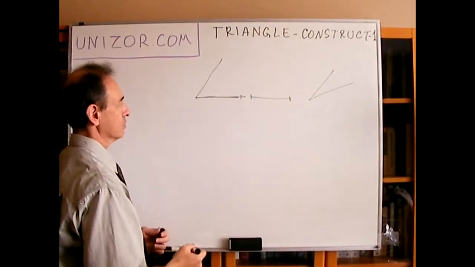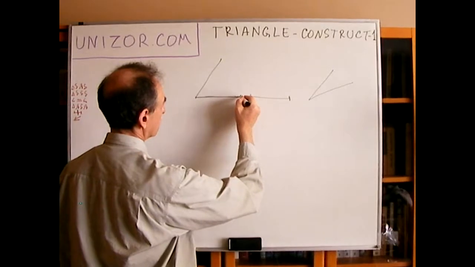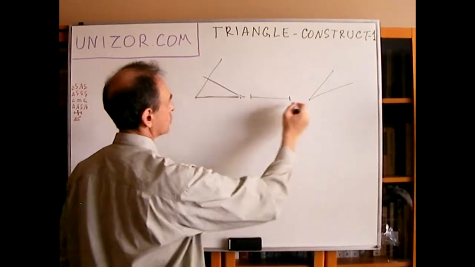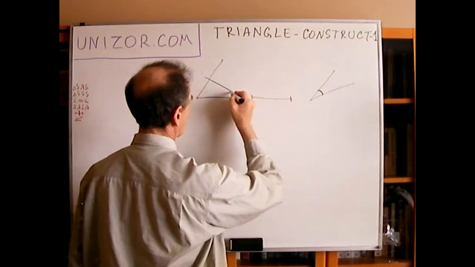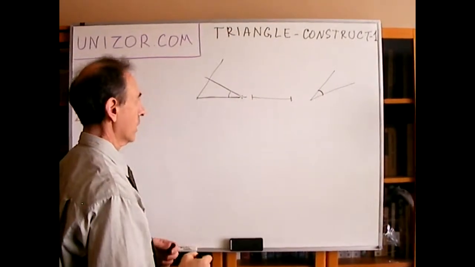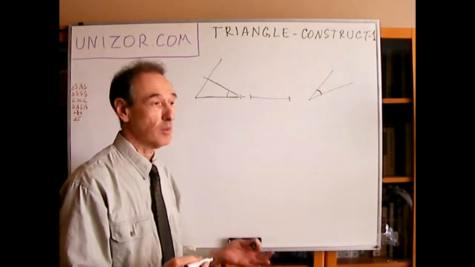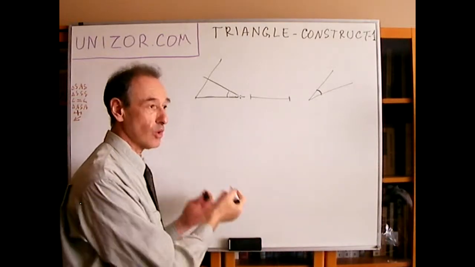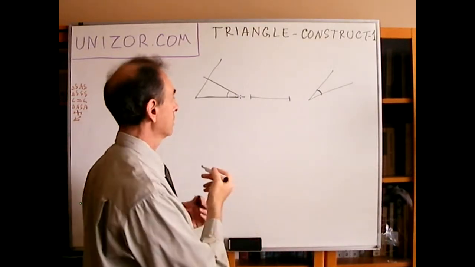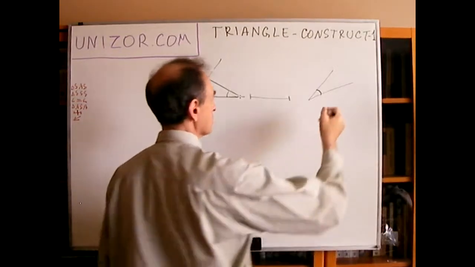Now what we have to do? Now we have to build an angle which is equal to this one. Okay, how to build an angle equal to this one? Well, we know how. We just solved this problem, and basically we just use it.